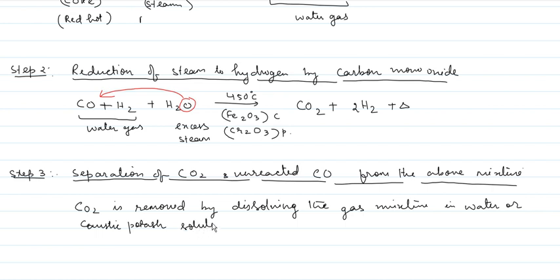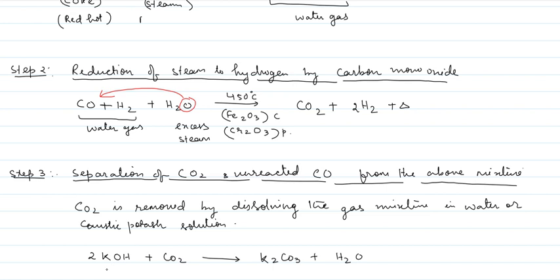So suppose KOH, let us see the reaction. KOH is caustic potash solution. When it reacts with carbon dioxide, what happens? It forms potassium carbonate plus water. That means carbon dioxide is taken away by potassium hydroxide, which is nothing but caustic potash solution.